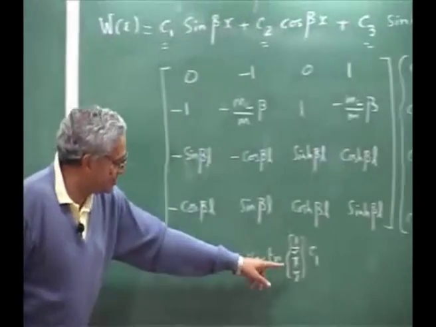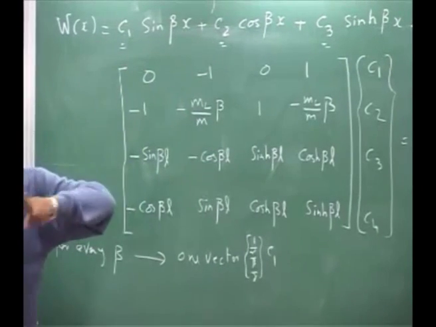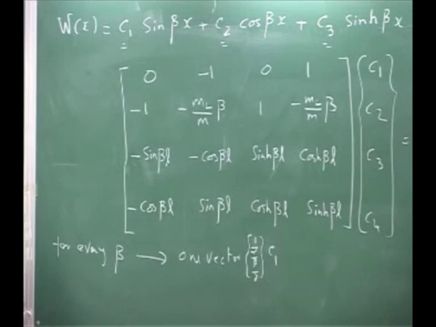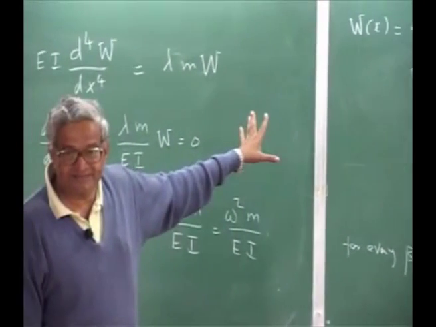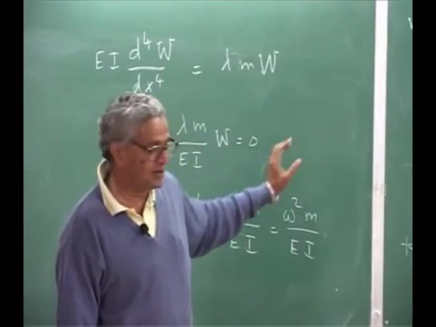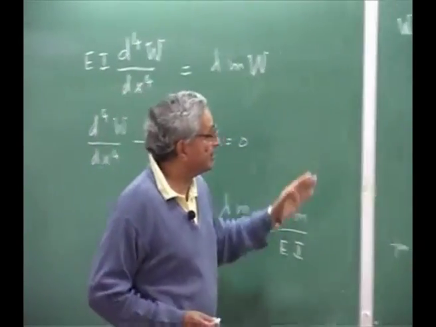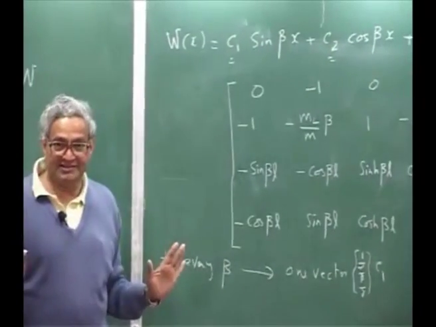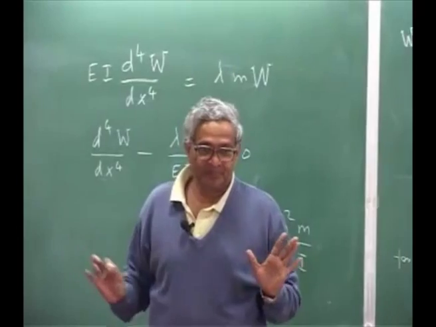When you substitute these values here, you will get the deformation, that you call a mode shape, or in the current problem, it is the eigenvalue and eigenfunction.